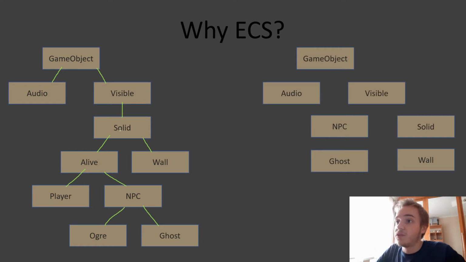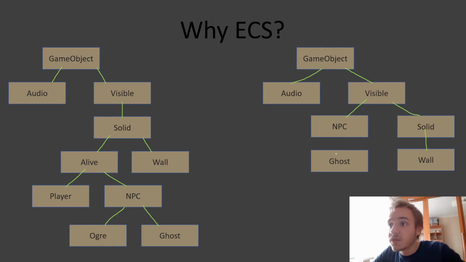let's try to change our class hierarchy, which, if we are doing that not as we are planning, but as we're actually writing out code, can be a big deal, right? Okay, so we have an audio game object, a visible game object, then we have a solid game object, a solid visible game object, an NPC visible game object, and wall is obviously a solid visible game object.